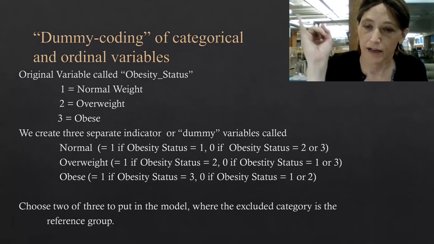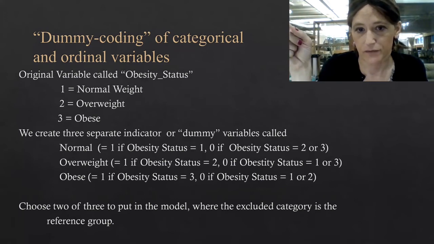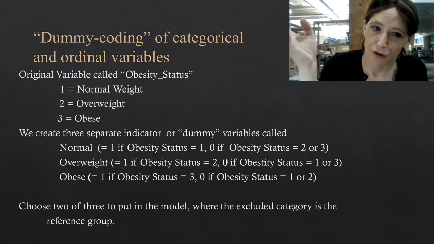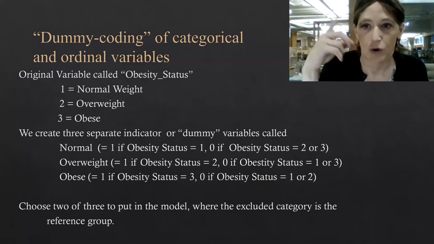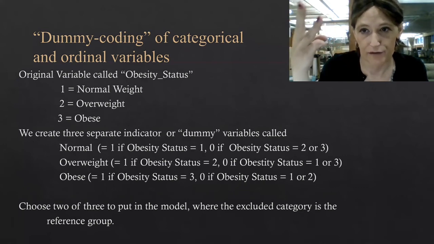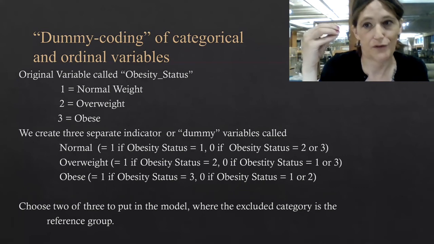I might create a variable called normal for normal weight, and it would be 1 if obesity status equals 1, and 0 if obesity status equaled either 2 or 3. I'd also create one for overweight, and one for obese. So now, instead of 1 variable, I have 3 indicator variables, or dummy variables, which represent membership in each of those categories.